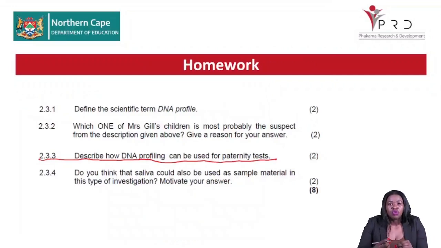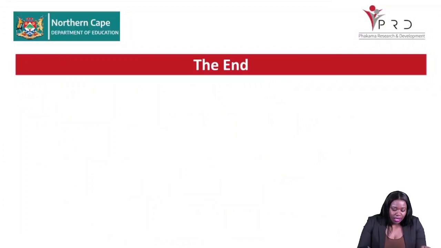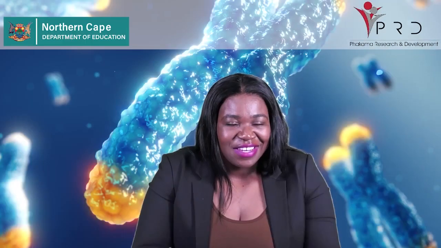So remember, you would mention how this is used, whereby the mother is compared to the DNA profile of the child, and then the remaining bars would be the bars that are going to match with the bars of the father.